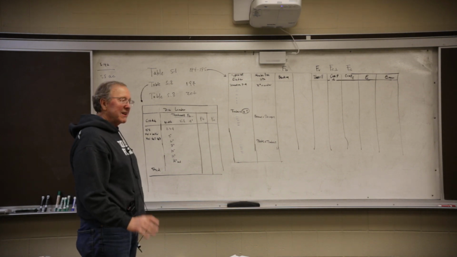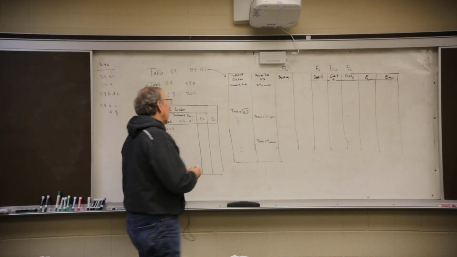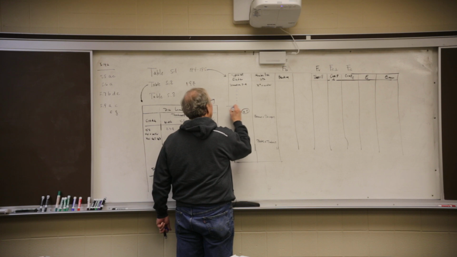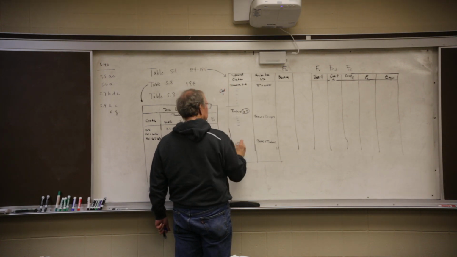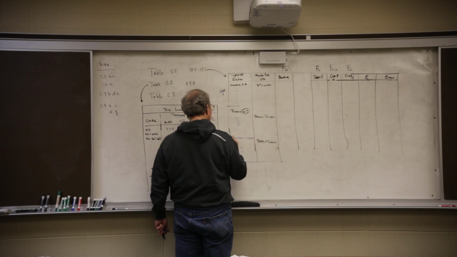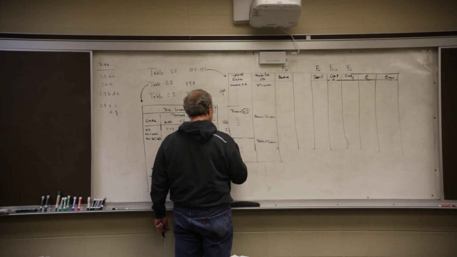You've got 3 cells here. Okay? 3 cells. I'm going to call this from here up cell 1. From here up, cell 2. And the last one is cell 3.